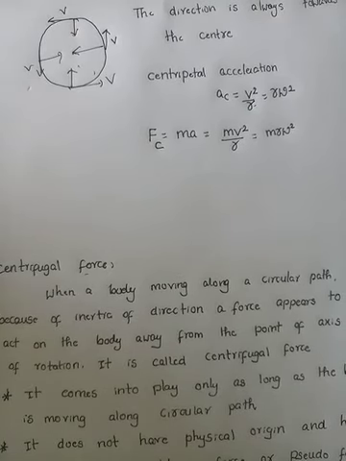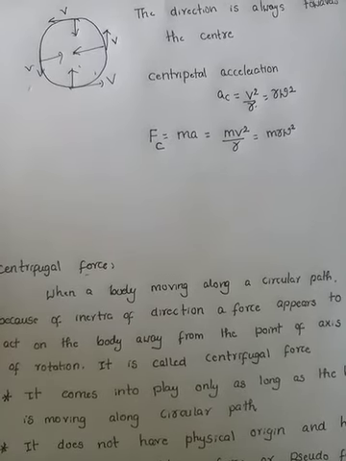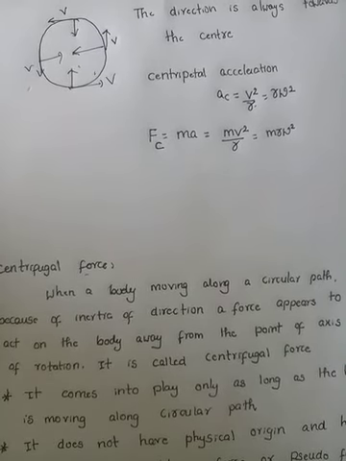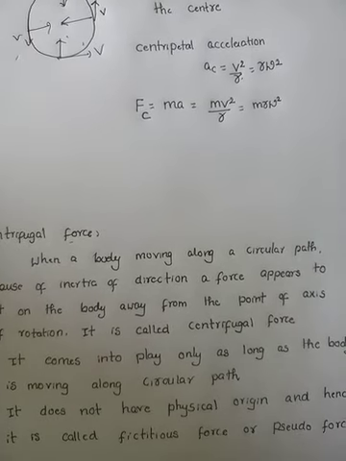Centripetal force acts towards the center, and centrifugal force always acts away from the center. But there is no origin of this force, because it is a reaction force. That is why it is called a fictitious force or pseudo force.